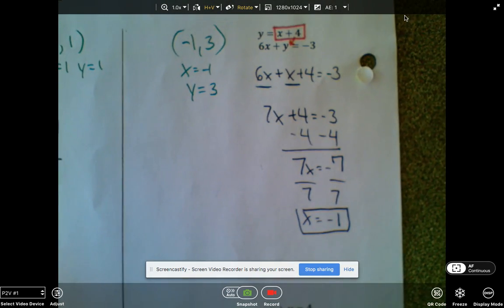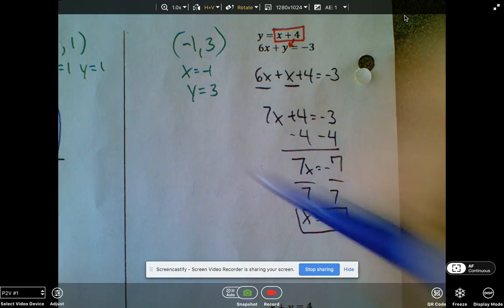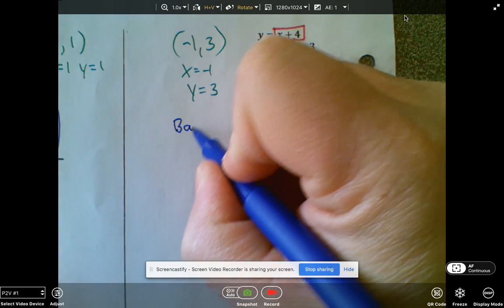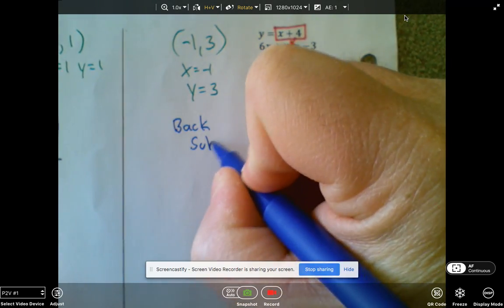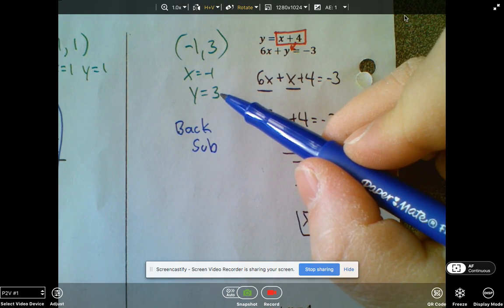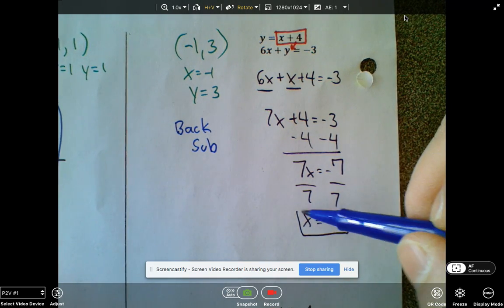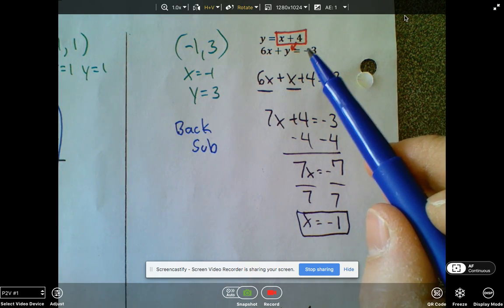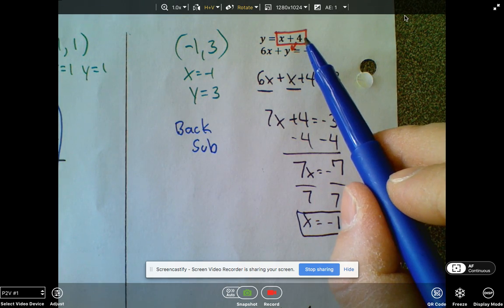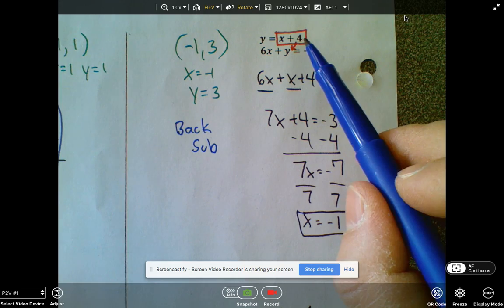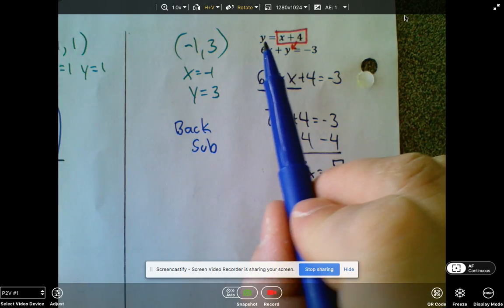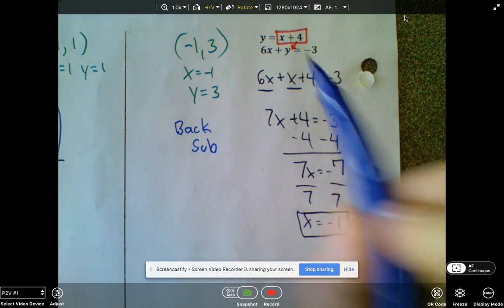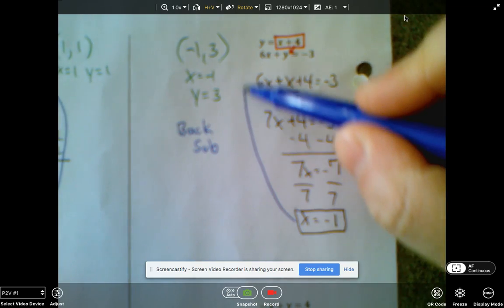Okay, so now here comes my back sub. I'll put it over here. I know that I want my y to be equal to 3. So I'm going to take this one, and usually I back sub it into the one that's already y equals or x equals. So I want to know y. Well, this is what y is. y equals this. So I'm going to back sub it right here.